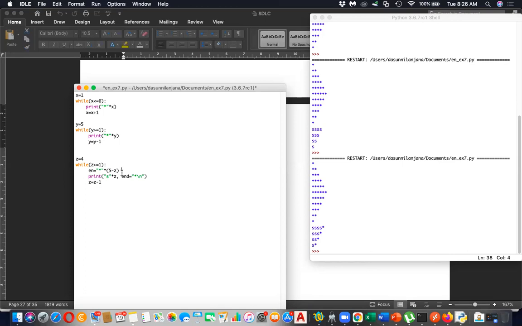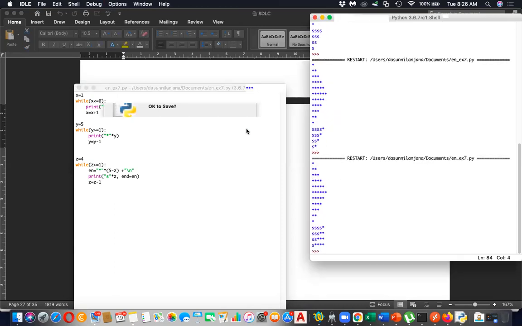To that I can add a new line and I can end with this En. Then see what's going to happen. You can see 1 asterisk, 2 asterisks, 3 asterisks, 4 asterisks.